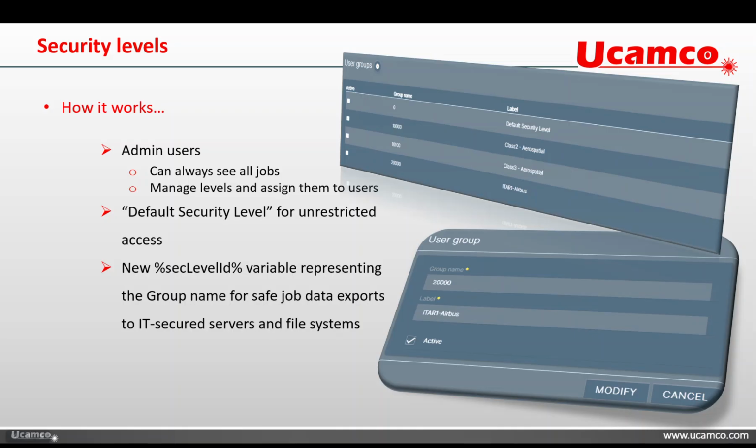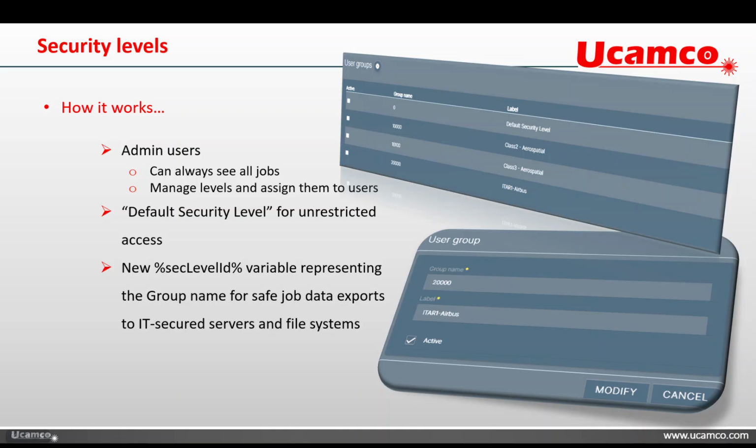In the context of this security level feature, you will see that a number of the menus and dialogues, for instance for job submit or job modify, have an extra input field where this security level can be set. And for every job that you submit, there is this default security level.